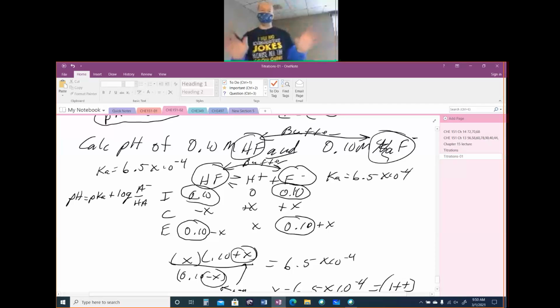That's all you got. Whether it's the initial or the new initial, you have a buffer. All right, so something on the right has to be 0, and there is something on the right that's 0. It is the H plus. But if you recognize that you have only the weak acid and weak base at some concentration, you have the Henderson-Hasselbalch equation.